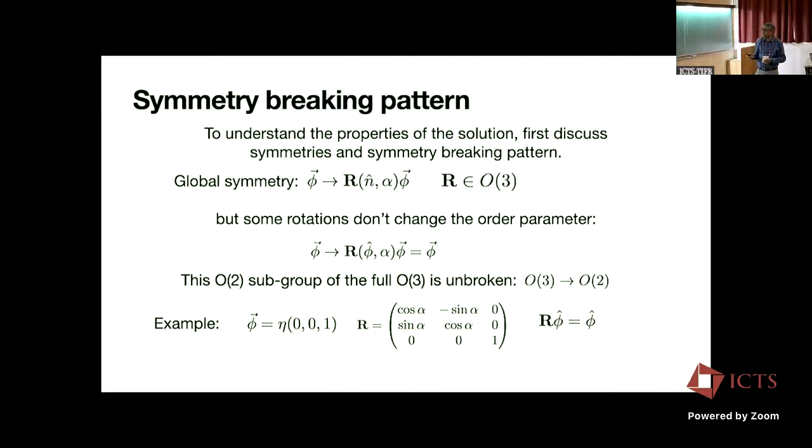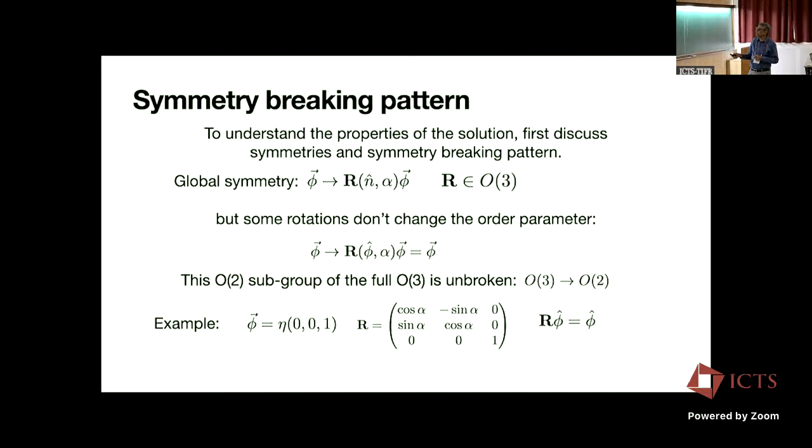So there are some rotations that leave the order parameter, which is phi, unchanged. And this defines a subgroup of the full symmetry, and that is the unbroken subgroup. So this is actually rotations about one axis. This is an O2 subgroup of the full O3, and that is unbroken.